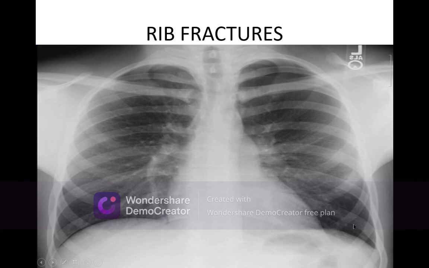Fractures are seen, and it is very, very difficult for anybody to detect rib fractures. It is not an easy one. How will you detect them? Upper border, lower border. Make it very clear: upper, lower, upper, smooth here, lower, smooth.